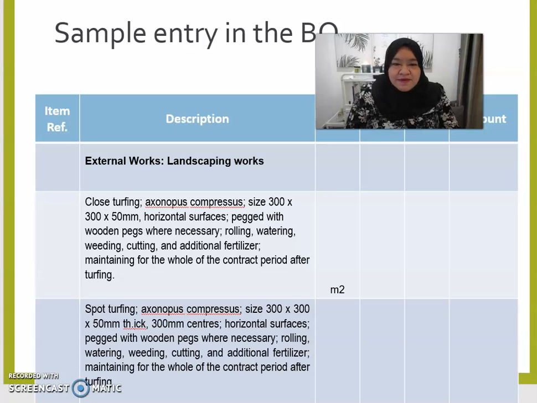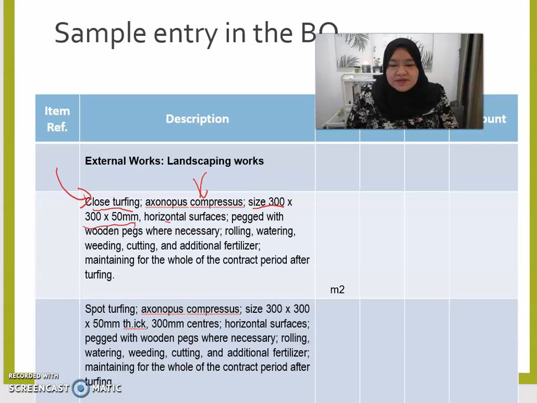Okay, example for the closed turfing. Okay, the nature of work that you want to carry out on site, closed turfing. Okay, the scientific name, Axonopus compressus. I hope I mentioned this correctly. And the size, okay, since this is a closed turfing, you need to mention the size per supply for the turf.